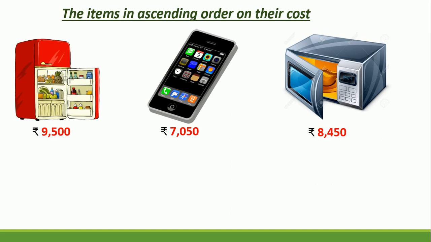See the thousands please. The first number has 9,000, the second number has 7,000, the third number has 8,000. So 9, 7, 8. Which is the smallest one? Yes, 7 is the smallest one, right? So 7,050 is the smallest one.